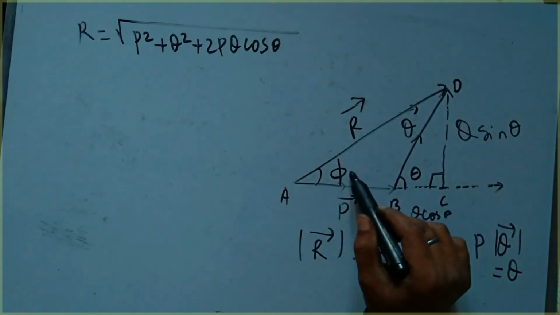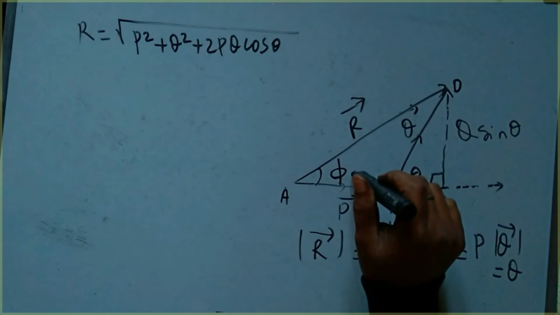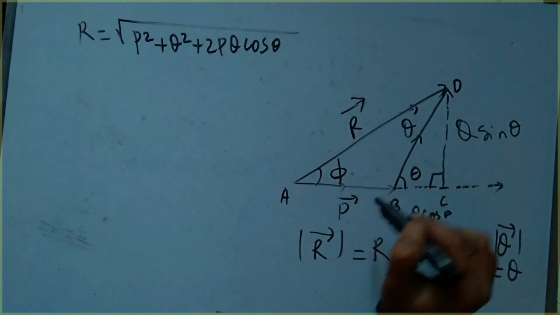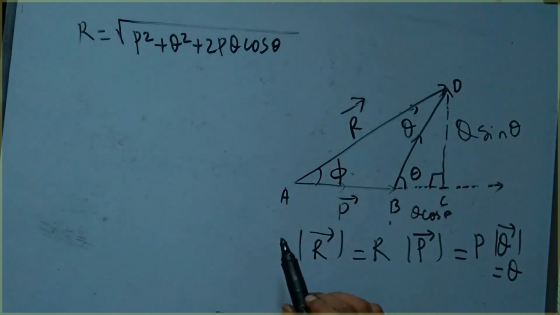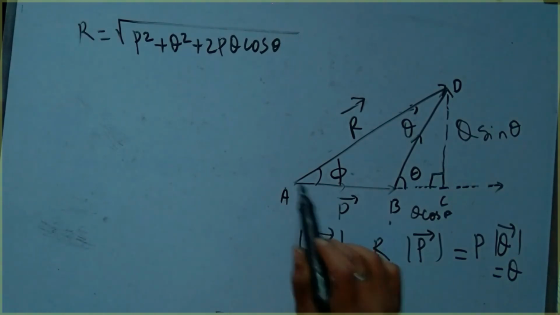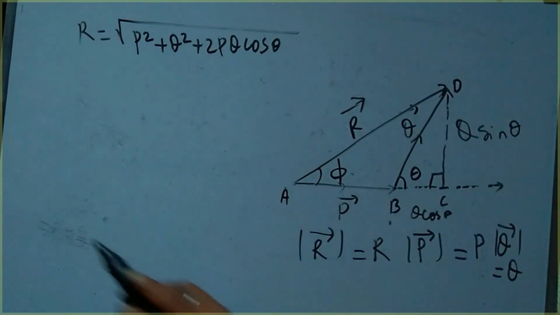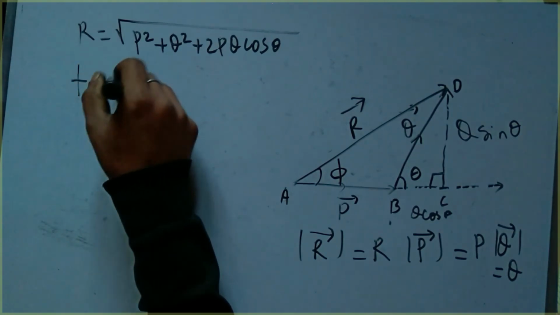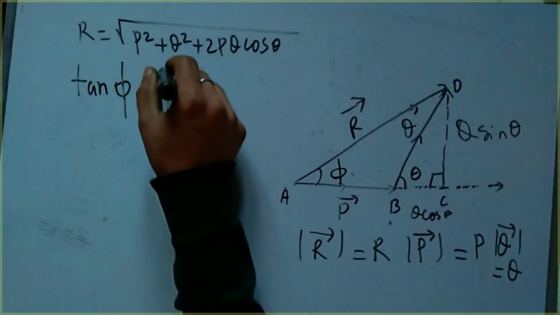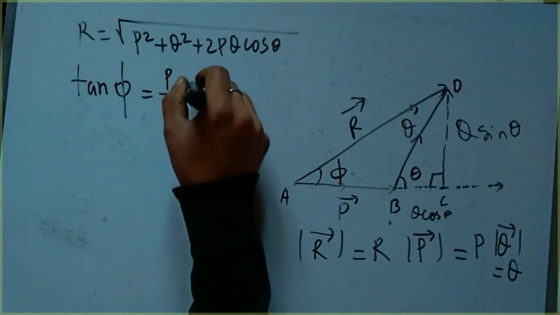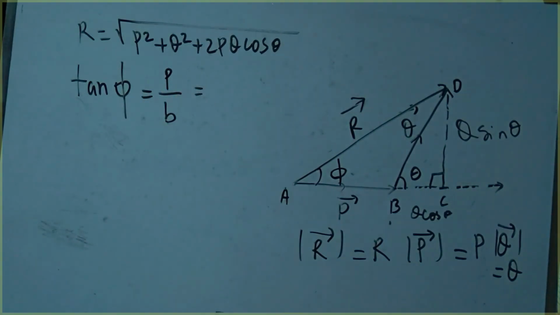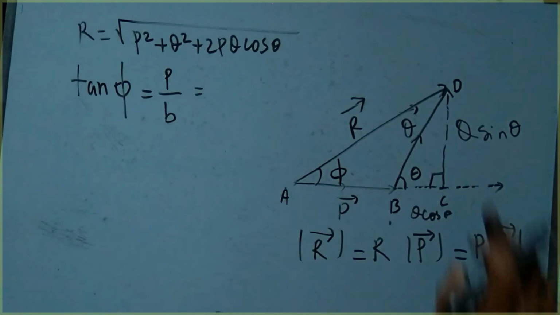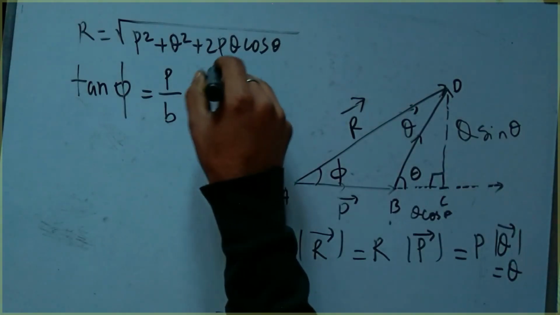Now we have to find this phi. This phi is the angle made by resultant with the P vector. So if we take triangle ACD, again we can use trigonometric function. Tan phi is perpendicular by base. We know the perpendicular is Q sin theta.